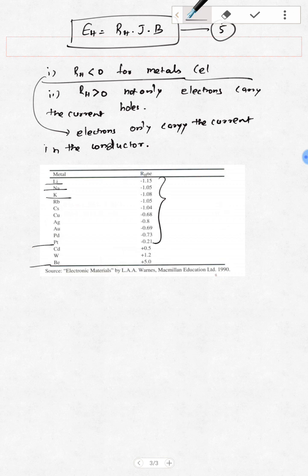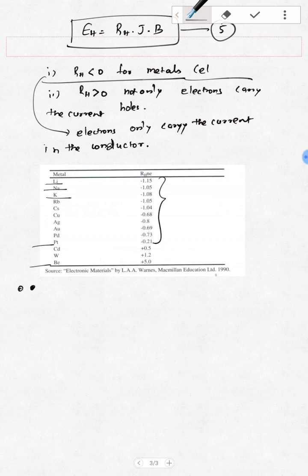So it's not only electrons that carry the current, even in metals; holes, which are like positively charged electrons, can also carry the current. So this is an exception in the Hall coefficient. Some conductors can have positive Hall coefficients also.